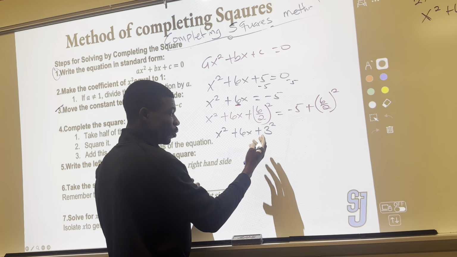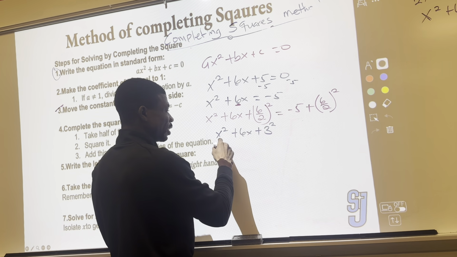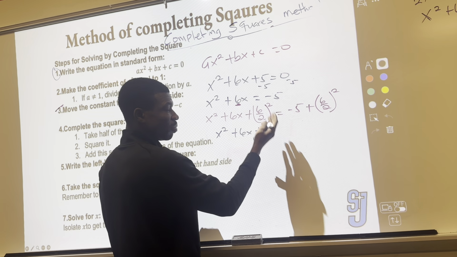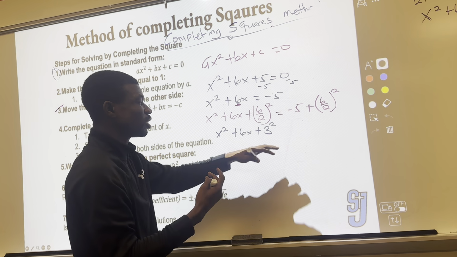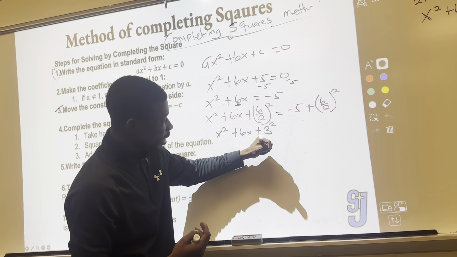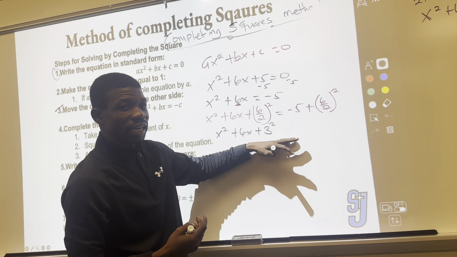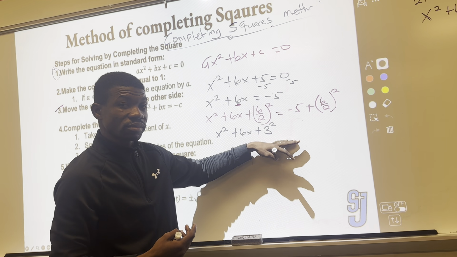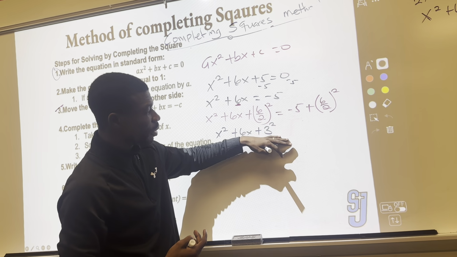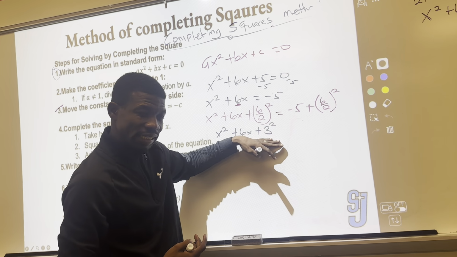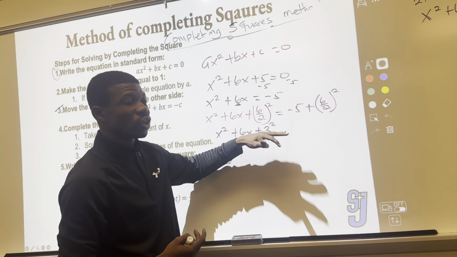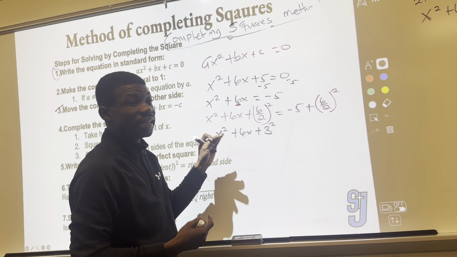If you are not careful, people will just say x squared plus 6x plus 9, and that will just complicate matters for you. For the left side, please leave it like that. Don't tamper with the left side. Just leave it like that because you would need it in the next step.